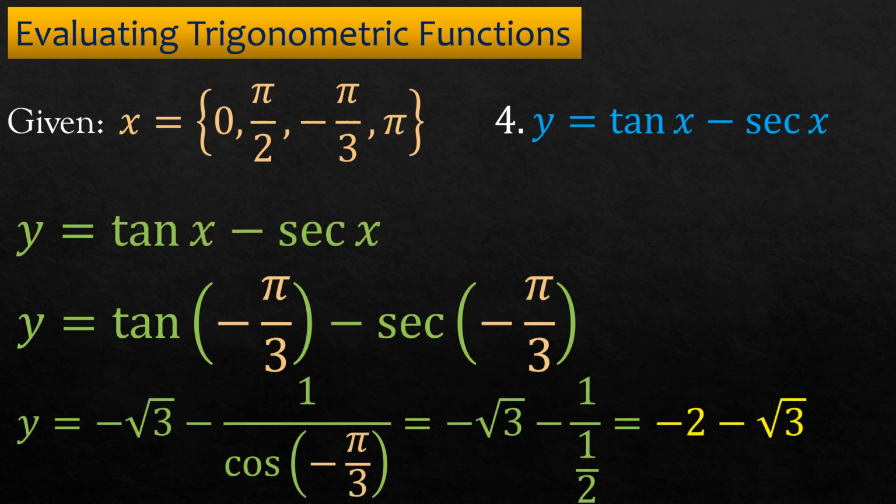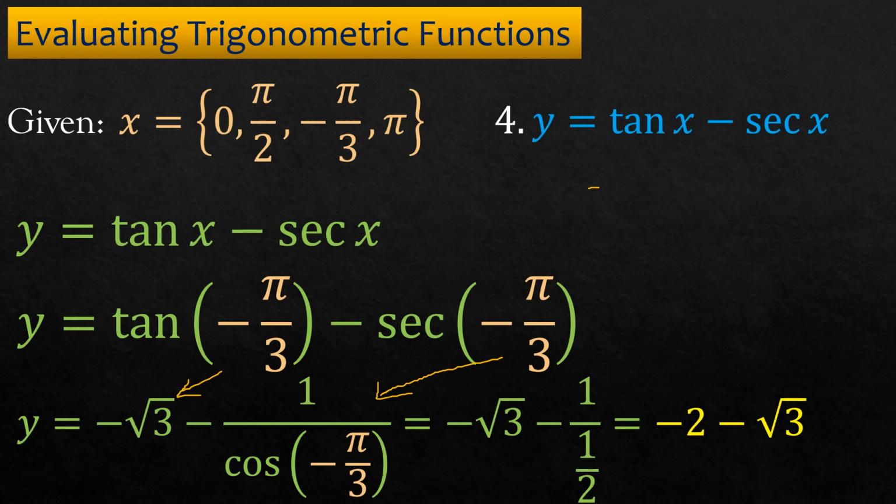So what about if we have x that is equal to negative pi over 3? Okay, so substituting that value will give you tangent negative pi over 3, and that is equal to negative square root of 3. Okay, so minus secant negative pi over 3, and secant negative pi over 3 is the reciprocal, 1 over cosine negative pi over 3. And that is equal to negative square root of 3 minus 1 over 1/2.